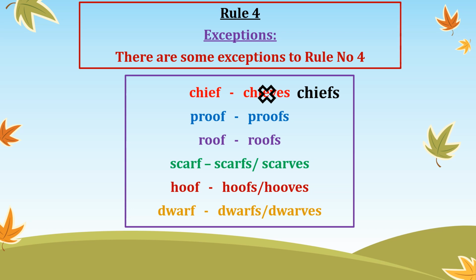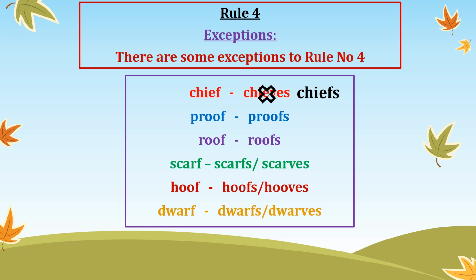And look at these three words here: scarf, hoof and dwarf. They are confused ones. They don't know whether they are going to listen to rule number 4 or they are going to listen to their friends here. So they have decided they will make their plural by any of these. So to words like this, that is scarf, hoof and dwarf, we can make plurals in both the ways.